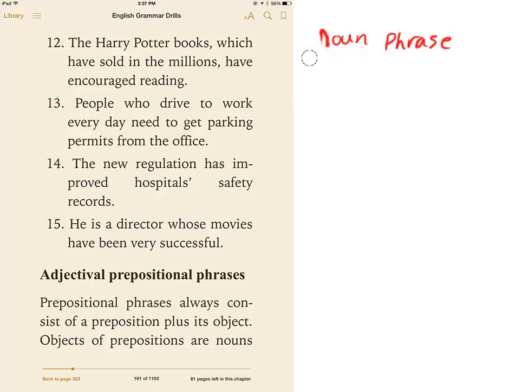And we're going to concentrate on a phrase first, and we talked about groups of words serving as adjectives. And the first group of words that function as one part of speech, as an adjective, is called a prepositional phrase. Now, not all prepositional phrases act as adjectives, but we're going to talk about the ones that do.